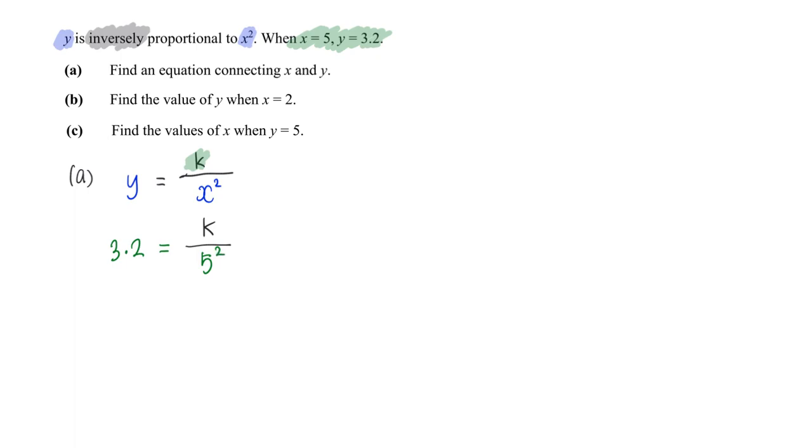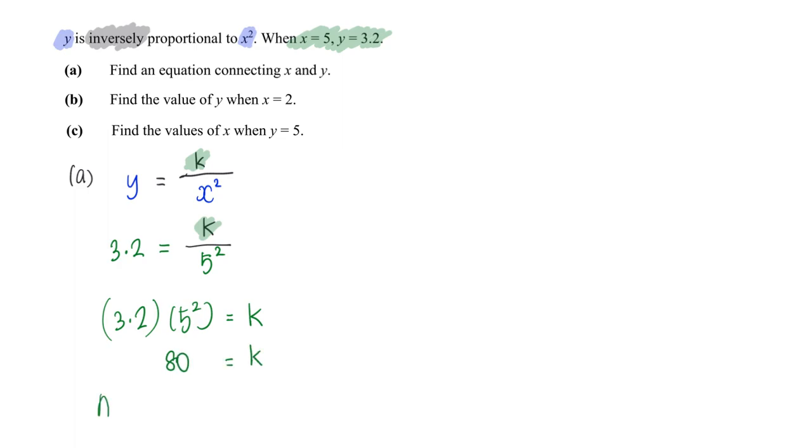And so from here, I will be able to get the value of k rather easily. So I would have my 3.2 multiplied by 5 square in order for us to find the value of k. And this will be equal to 80.